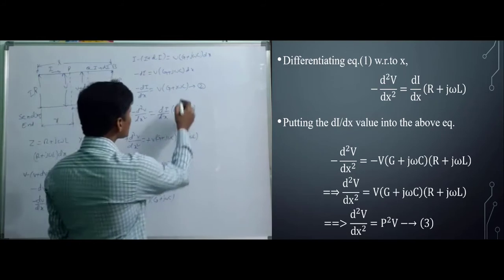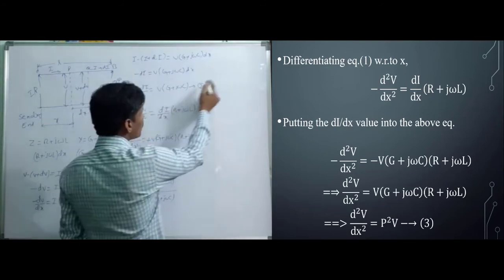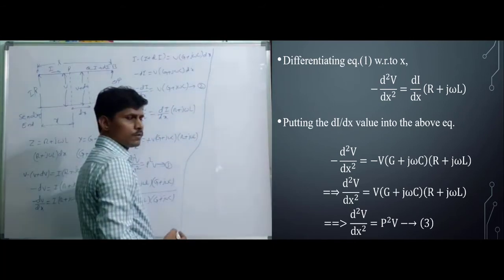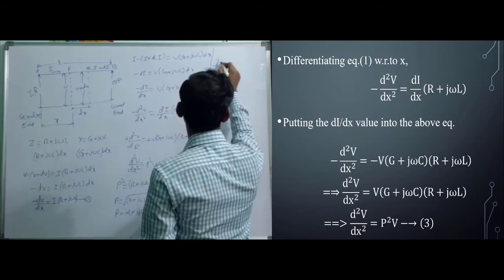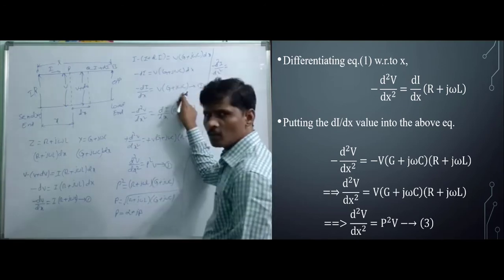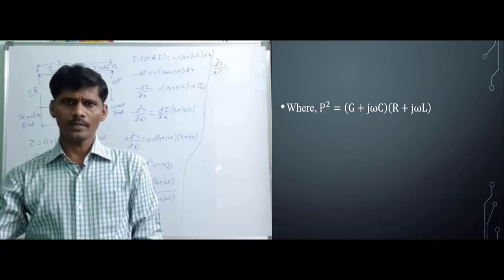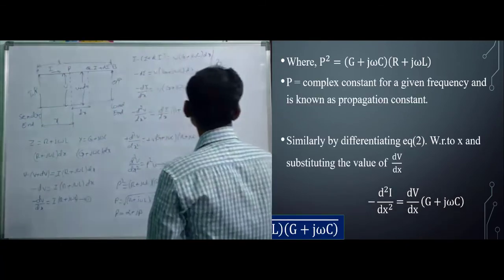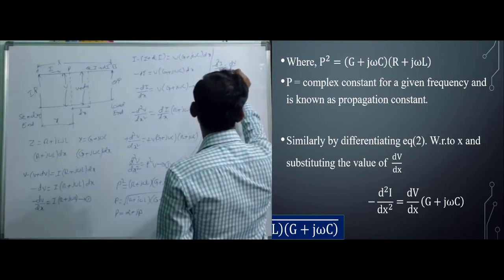Similarly, differentiating equation 2 with respect to x, minus d square I by dx square is equal to (G plus j omega C), which is constant, into dV by dx.